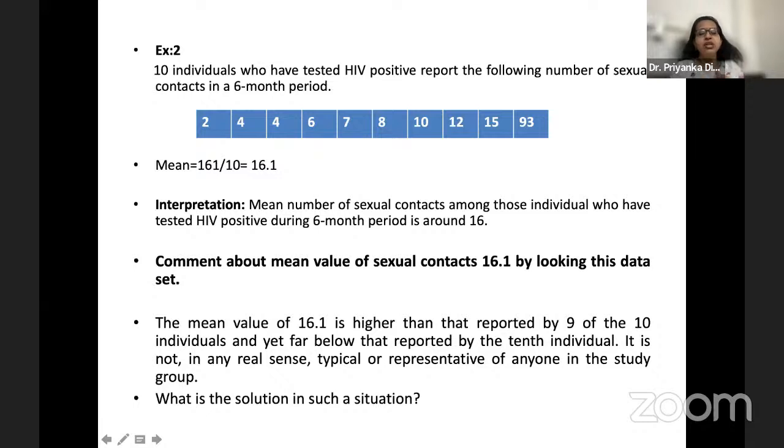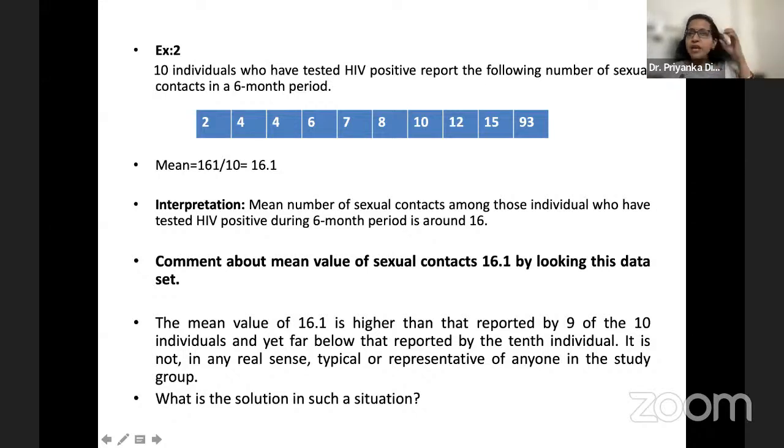Okay, the conclusion is that if there are some outliers present in my data set, in that situation, we should not rely upon the mean. Mean will not give us an idea about the central part of the distribution.